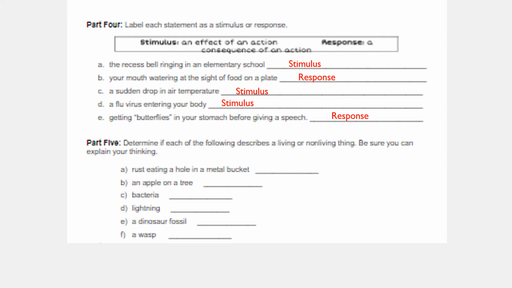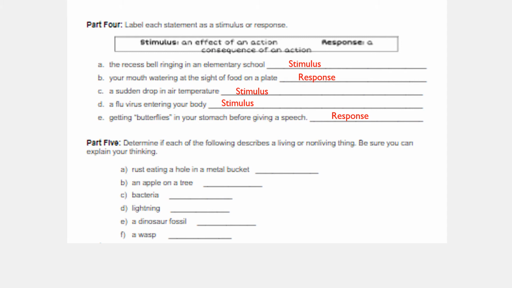Okay? All right, in part 5, we're going to say whether these are living or non-living, okay? And I'm going to tell you right now, the fastest way to answer that question immediately is to ask yourself, does it have babies? And if the answer is no, then it's not living. So, rust eating a hole.